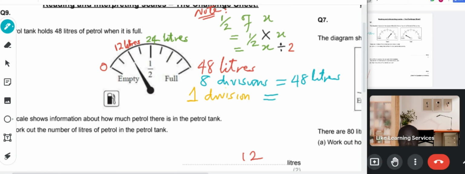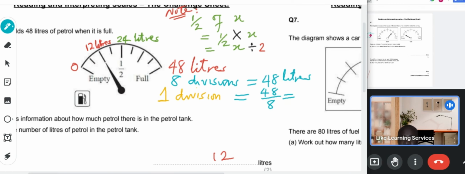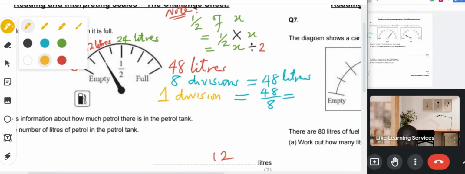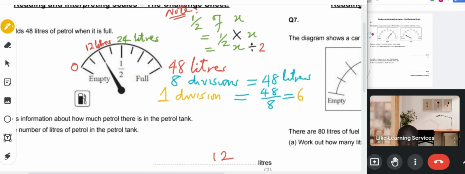Is it not simply 48 divided by 8? One division will be 48 over 8, which is 6 liters.